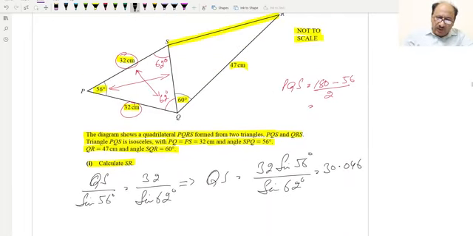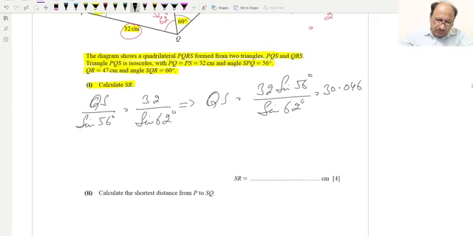Now we need to find SR, which is our target. 30.046 we can indicate over here, so this is basically the QS length which we found. Now we are going for SR, which is required.